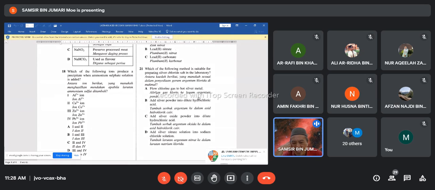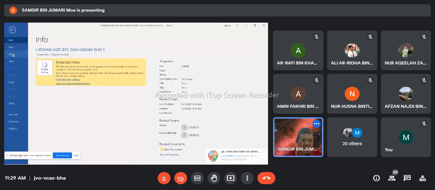It's not exactly. We know that argentum, or silver, is a metal in solid state, and chlorine gas. Okay, we can see that.